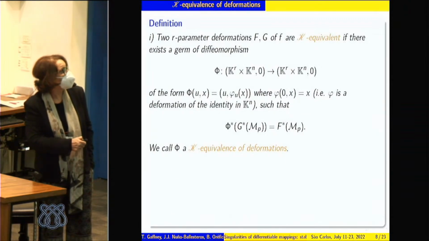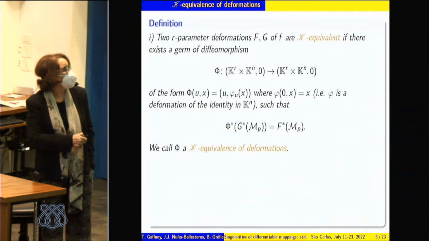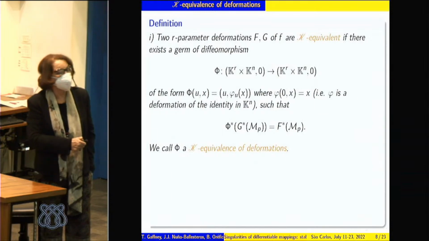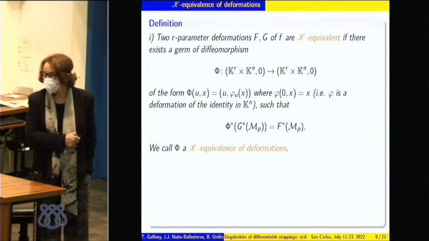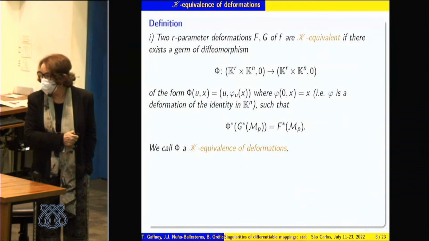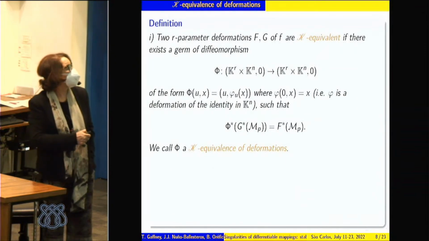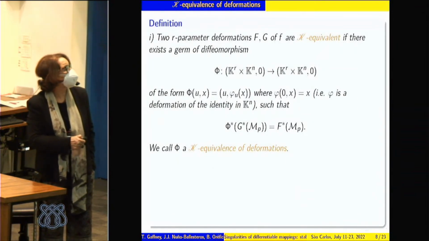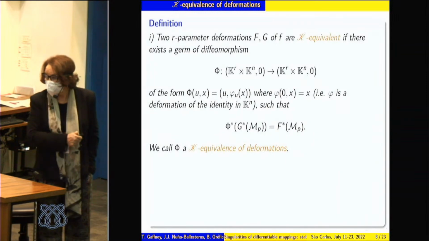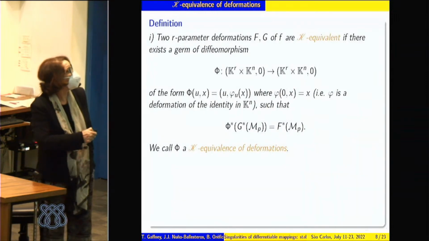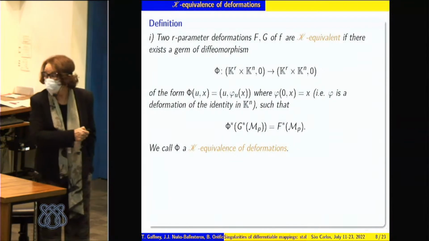This condition says that the induced isomorphism sends the ideal of G into the ideal of F, which is a condition that Bruna proved corresponds to K-equivalence of G and F, but with a special K-equivalence that preserves unfoldings.